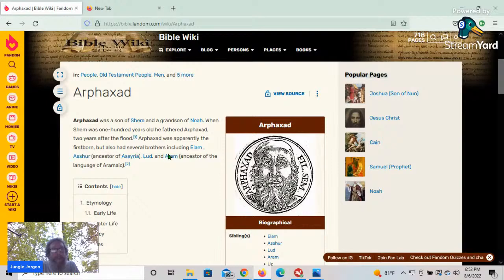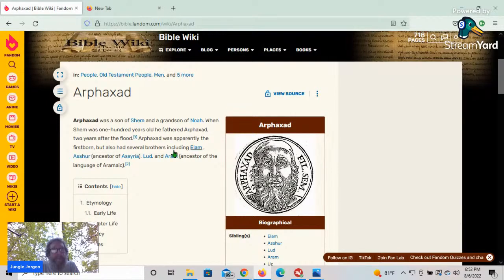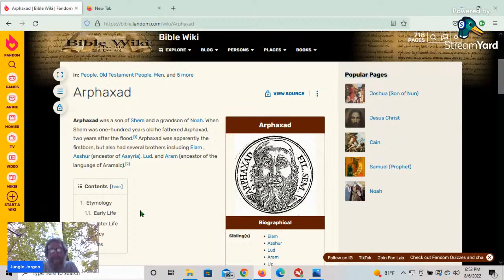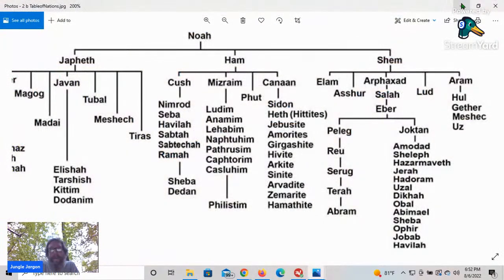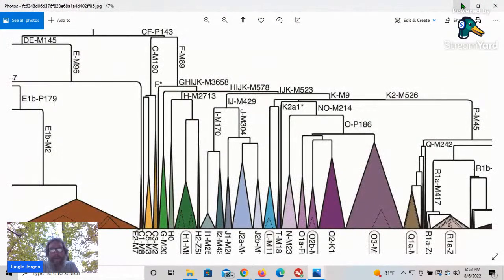But he also had several other sons, including Elam, Asher, Assyria, Lud, and Aram. Well, isn't that something? That's pretty awesome. I don't know if anybody's able to follow what I'm saying, but I think it's pretty awesome.